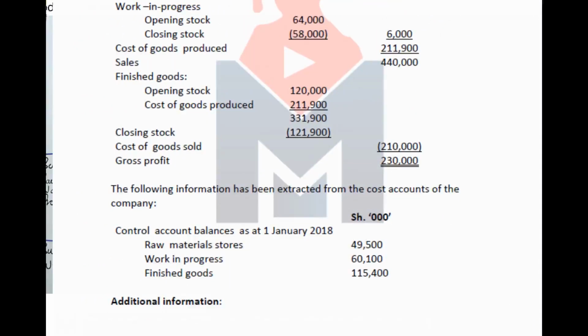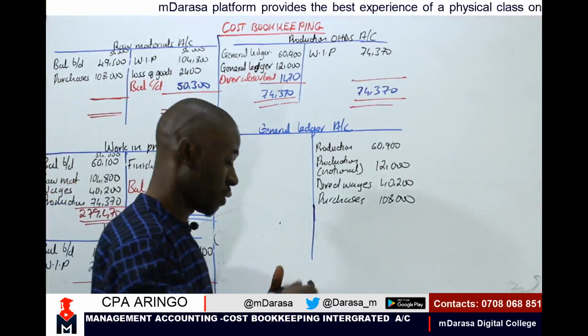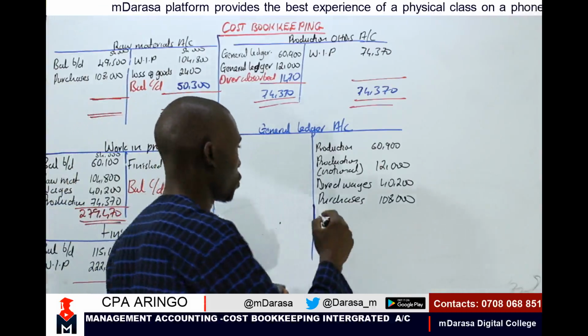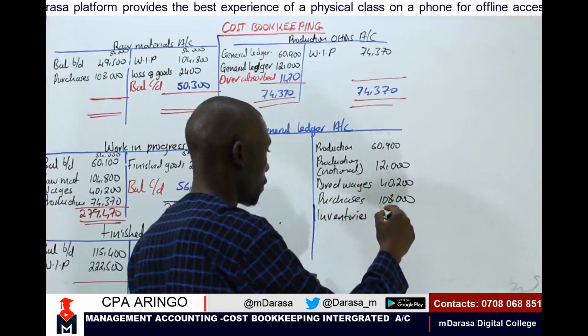So I'm having 49,500. We add 6,100. We add 115,400 to give us a figure of how much? 225,000. So the same case I'm going to record here. These are inventories, 225,000.